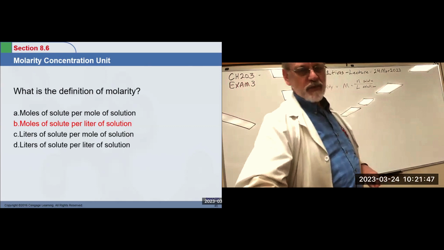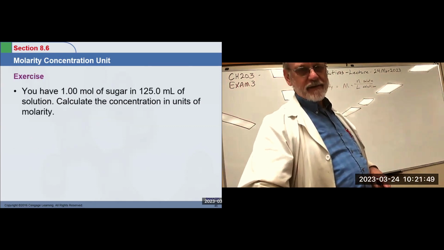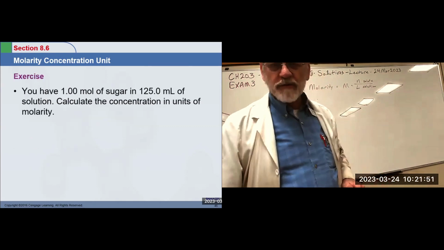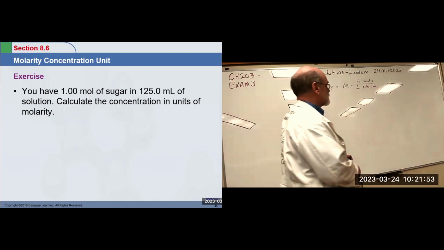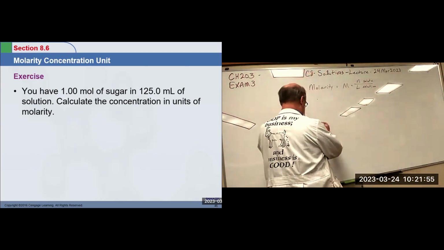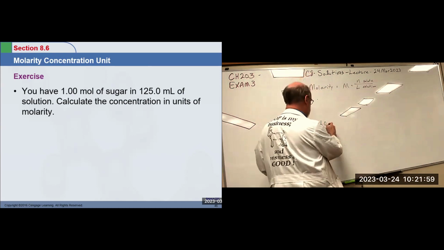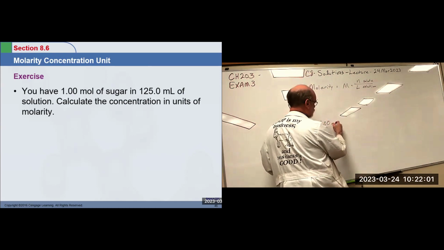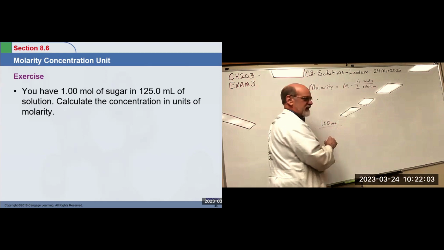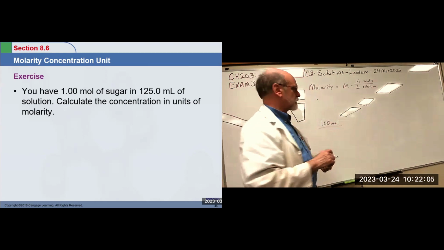Okay, moles of solute per liter of solution. So if we have 1 mole of sugar and 125 milliliters of solution, let's see, is that 2 zeros? So this is 1 mole. How many liters is 125 milliliters?